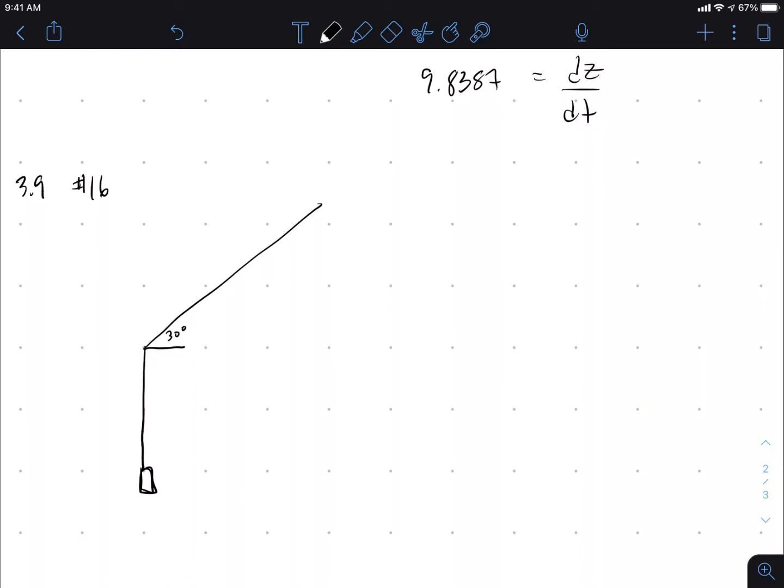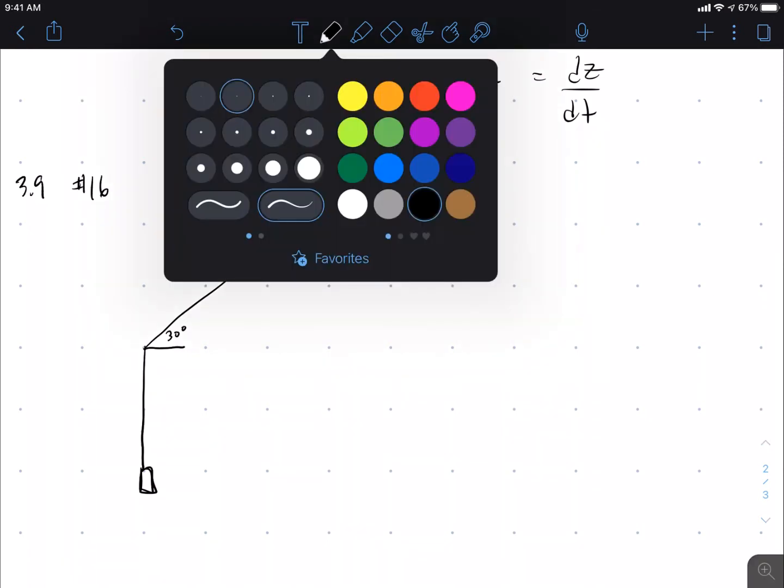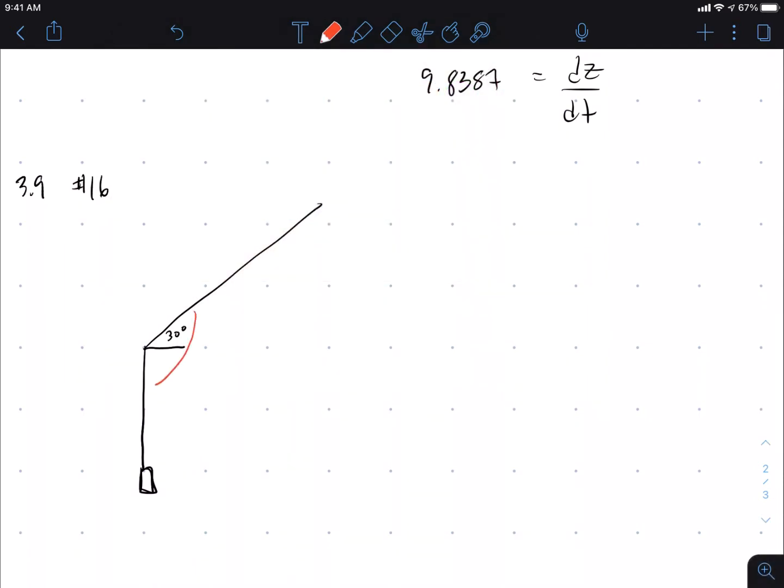So it's flying horizontal and then it takes off right when it goes above the station at 30 degrees. Does that make sense? Yes. Okay, so then this resulting angle here is 120 degrees. Agreed? Okay.